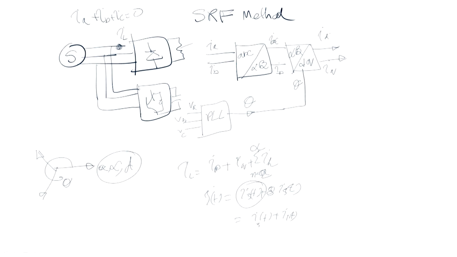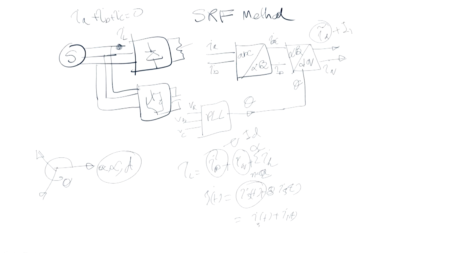So, I can say then the original load current in the DQ frame will come as the average value Id, and the Iq part in Id will of course be 0, and these harmonics will come as a delta.